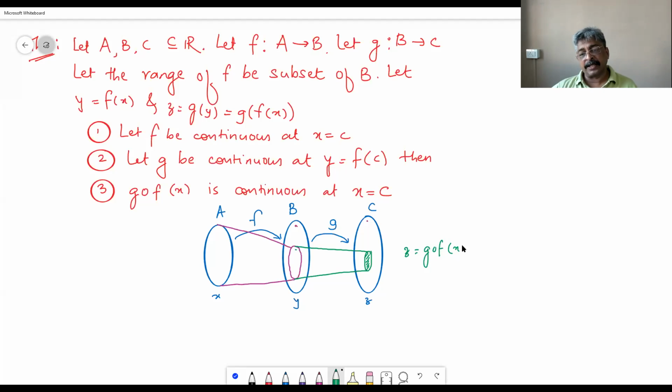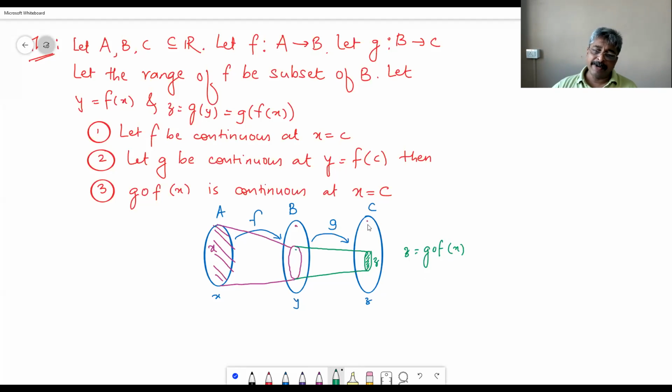These are x's. These are z's. This is what we are interested in.